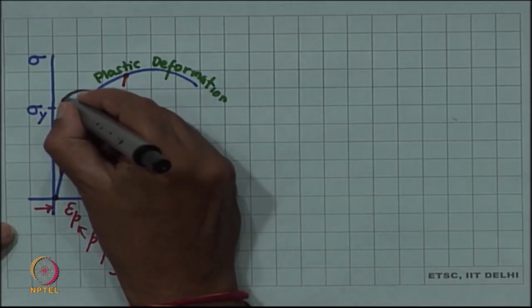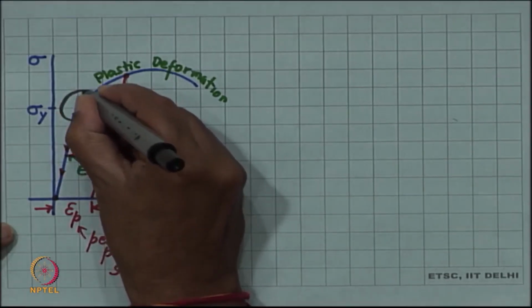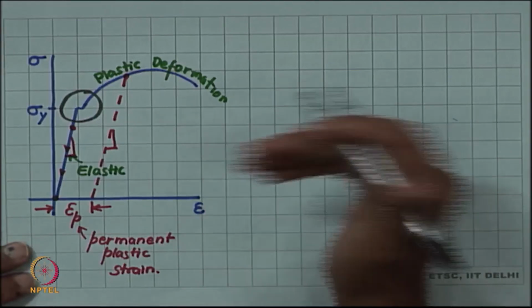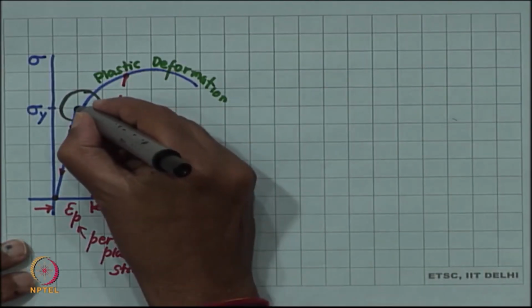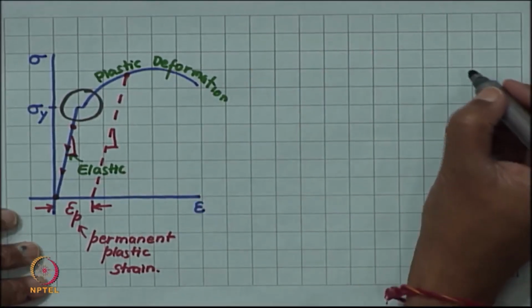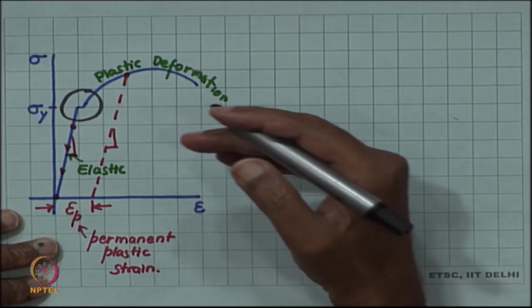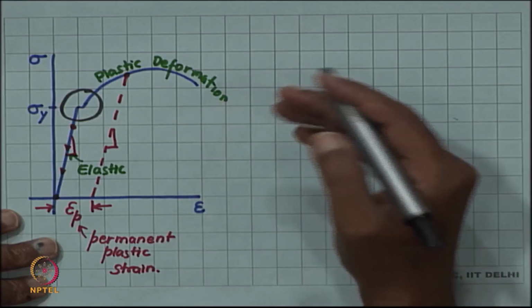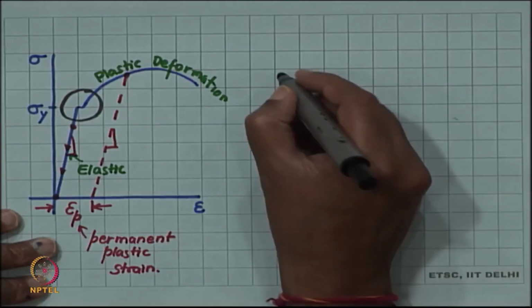Now, let us focus on this part of the curve, the transition from elastic to plastic. So, what really happens in terms of the internal structure of the material when it undergoes a transition from elastic to plastic deformation?